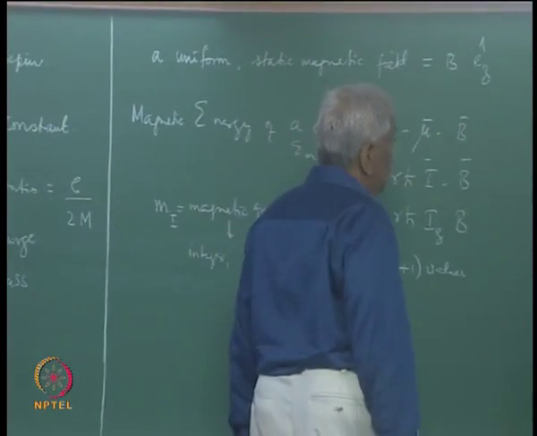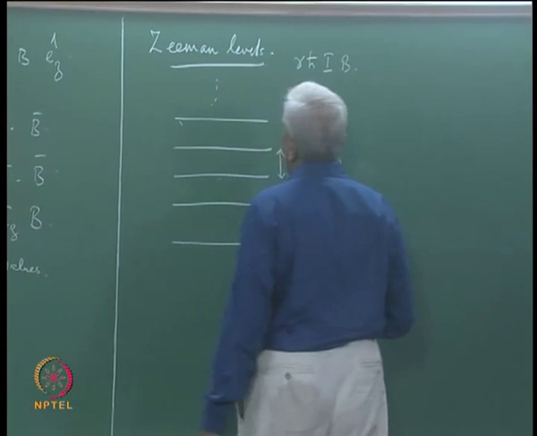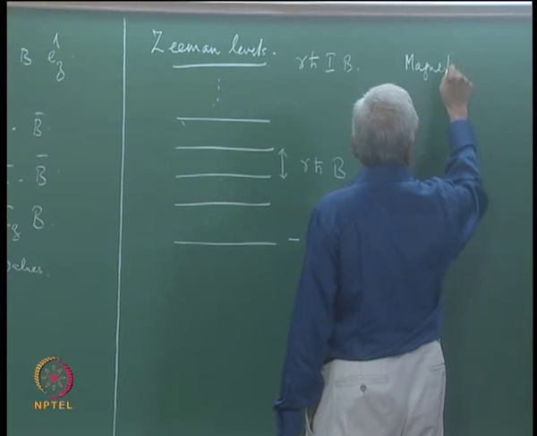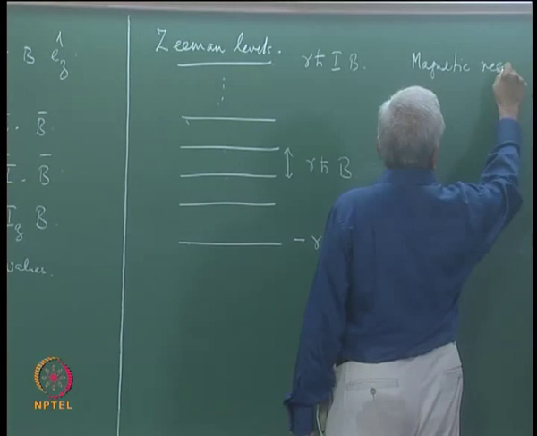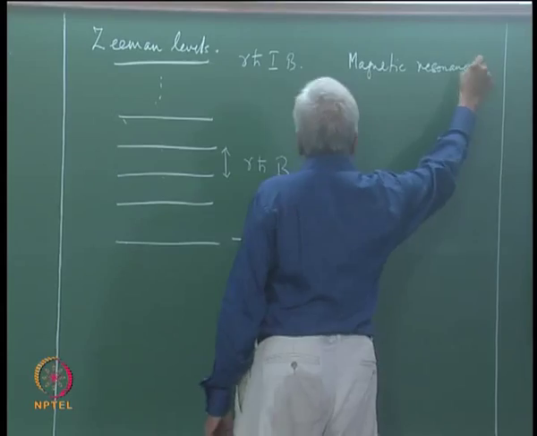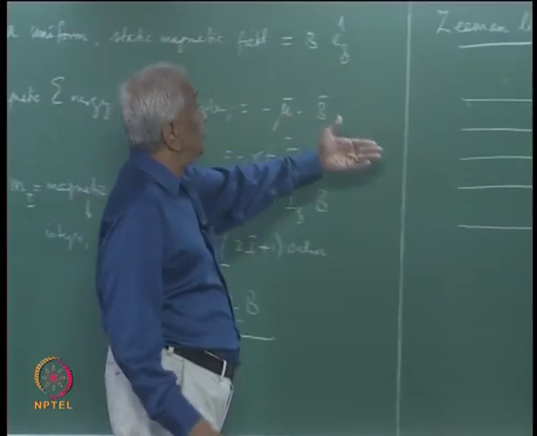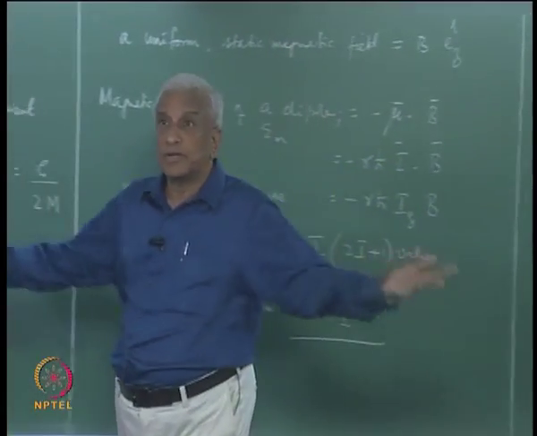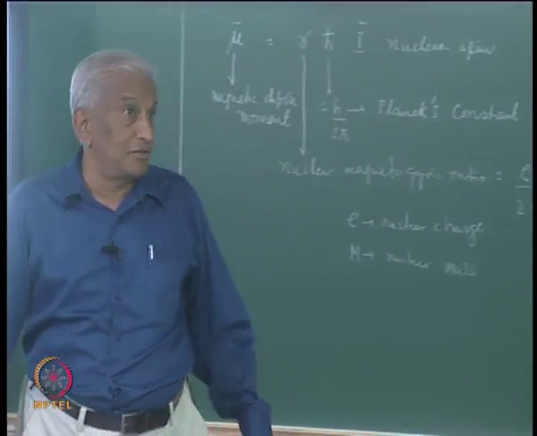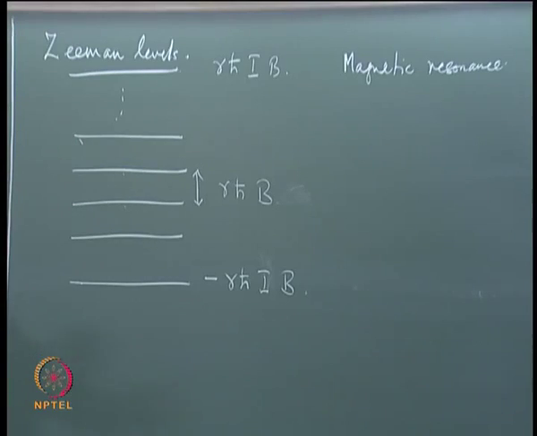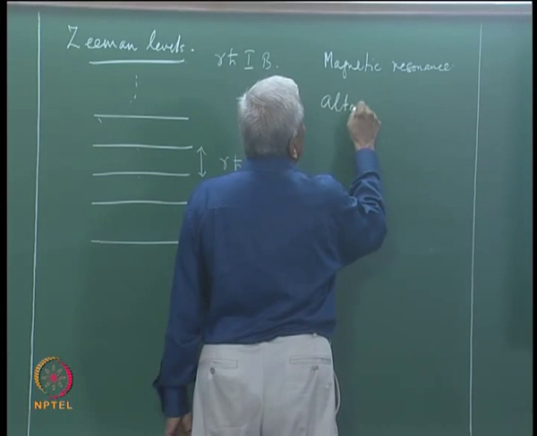This perturbing Hamiltonian or energy term is also magnetic in origin, therefore we call it magnetic resonance. And this has to be a time dependent perturbation, so that the levels will be coupled. Otherwise, a stationary perturbation will not couple these adjacent levels. So, in order to induce transitions between these levels, you have to have a time dependent perturbation. In general, you apply an alternating or oscillating magnetic field.